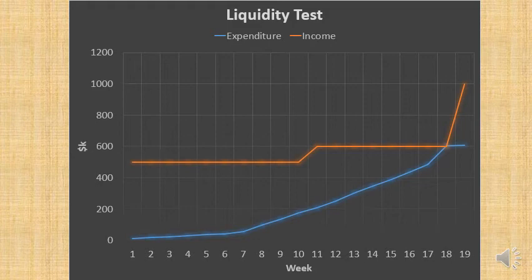Now, the other thing I want to point out here is that it was probably not necessary to borrow $200,000 from the Bank of Avan in week 1, because you didn't need extra capital then. You only needed to have that at around week 15, 16, I think, or 17 even.